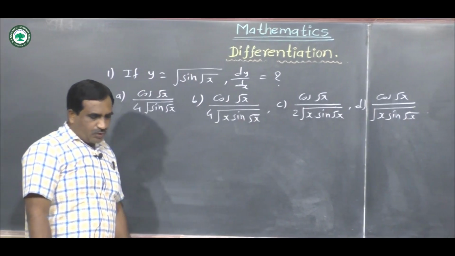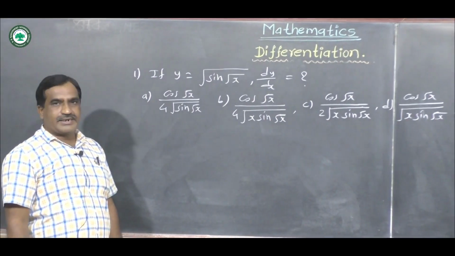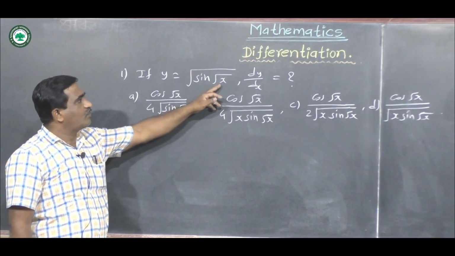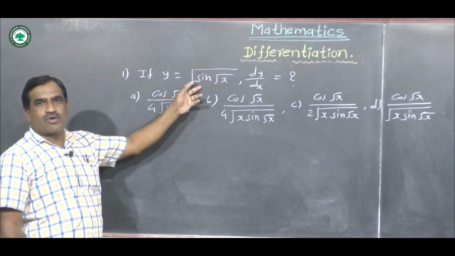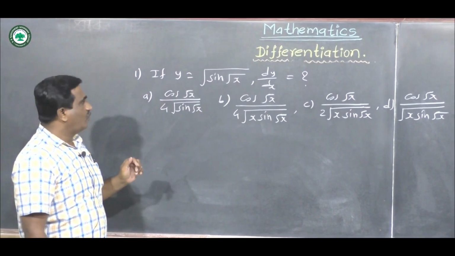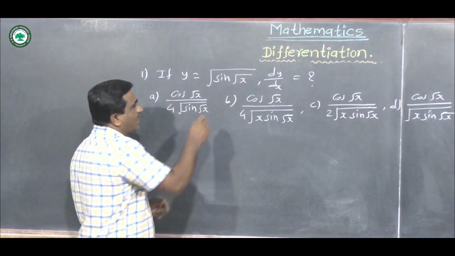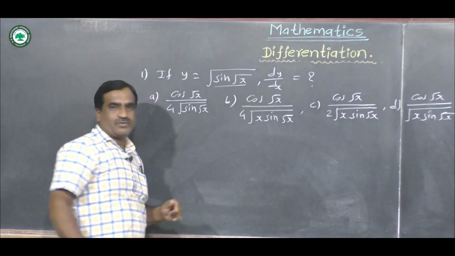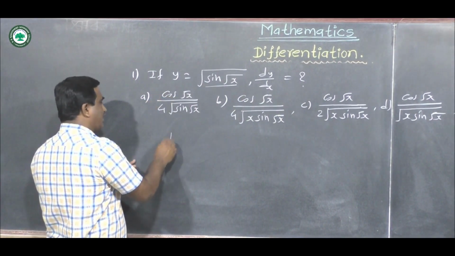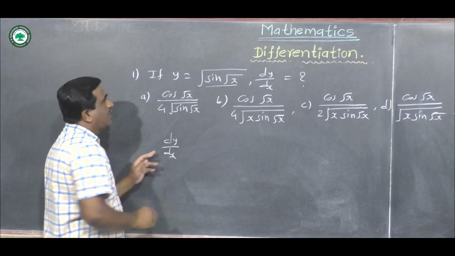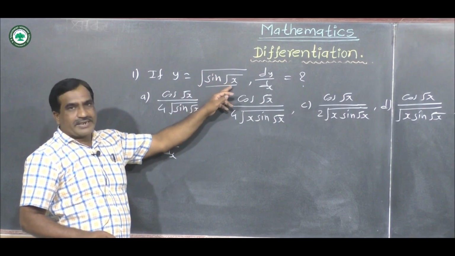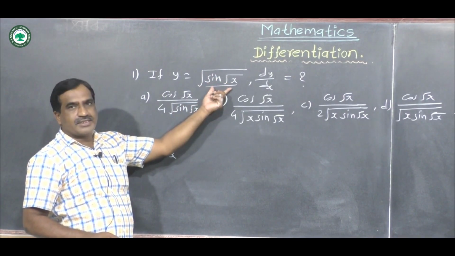Okay, now we have to choose the correct option by solving this. y is equal to under root sine of under root x. This is a composite function. We have to use the composite rule. Suppose this sine of root x is f of x.